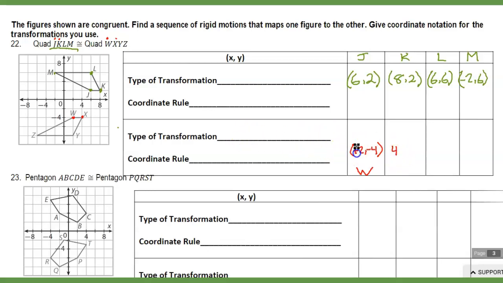W looks like it's positive too. Okay, 4, 4. Glad I caught that. Yeah. And then L will map to Y. So we have +2 and -2, 4, 6, 8. So 2, 8.